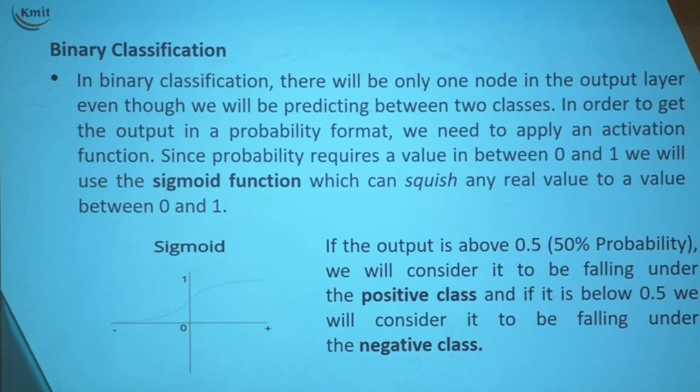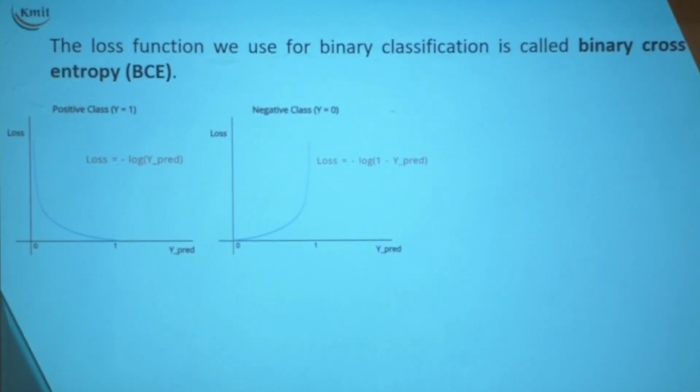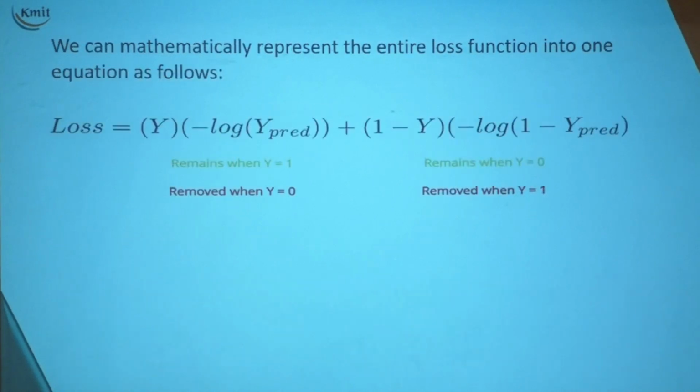What do we use in the output? Sigmoid activation function. Similarly, you have to calculate the loss with respect to the sigmoid, right? After activation function only, we'll calculate loss. So this is the formula for loss. Please note it down.